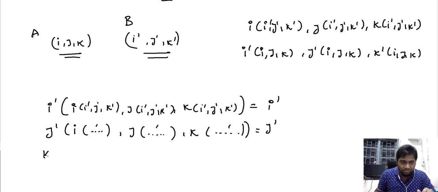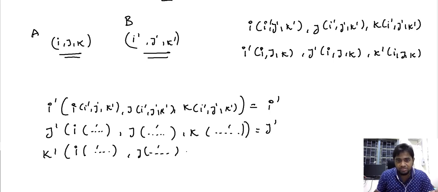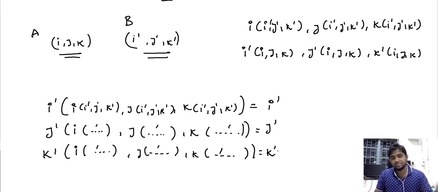In the same way, k prime, if I handle it as a function of i, which is again a function of the prime variables, j, which is again a function of the prime variables, and k as a function of the prime variables, I will be able to recover k prime as an independent variable, starting as a function of a function.